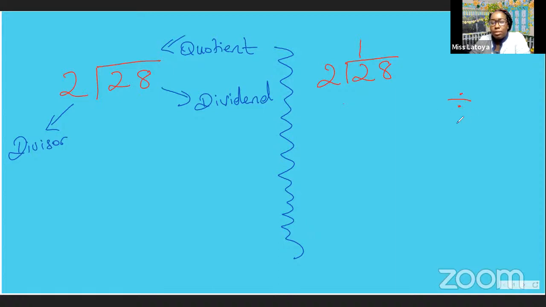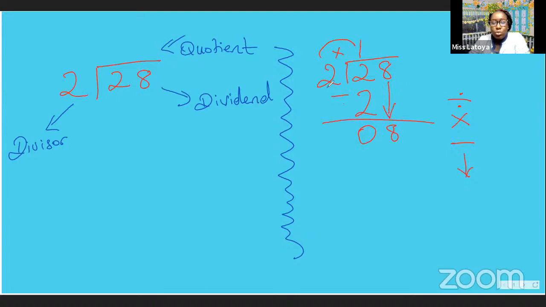First, we divide, then we multiply, then we subtract, and then we bring down. 2 into 2 is 1. Now we're going to multiply. 2 ones are 2. Now we are going to subtract. 2 take away 2 is 0. And our next step is to bring down. Okay, so we're going to bring down this 8.